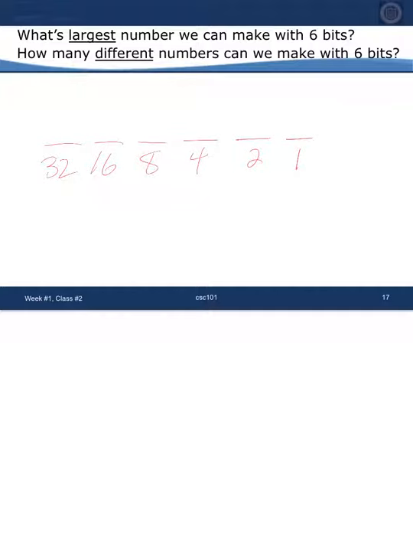I hope you would tell me we'll put 0 in all of them, and that would be the smallest number you can make, namely 0. So with 6 bits, the smallest number I could make would be 0, or our number 0. Nothing. You got nothing. So all zeros might be the smallest number, and maybe the largest number.